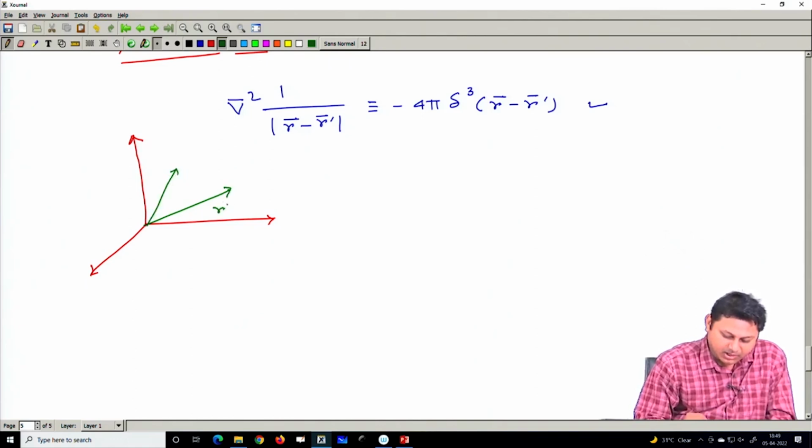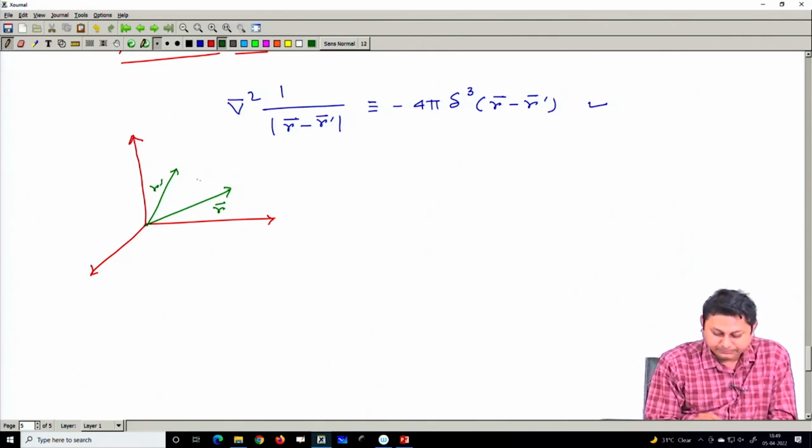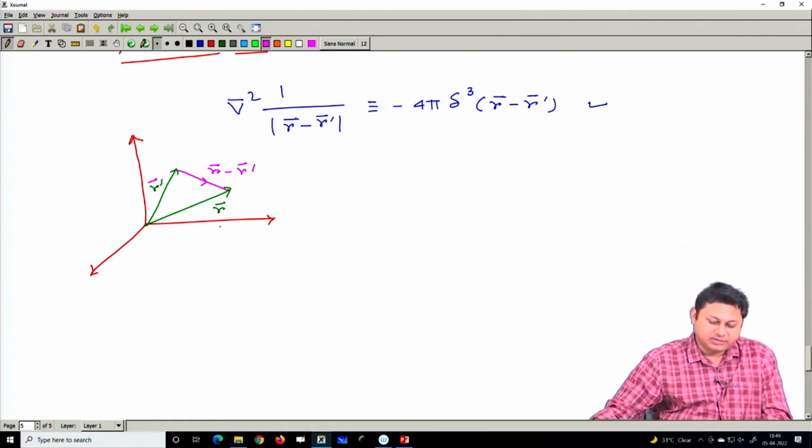So, this is a point r and this is r prime, and this distance is simply the vector r minus the vector r prime.